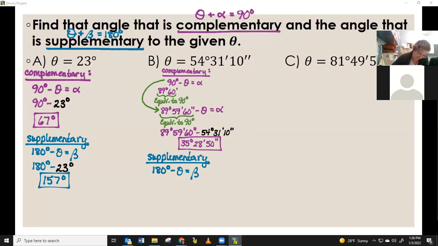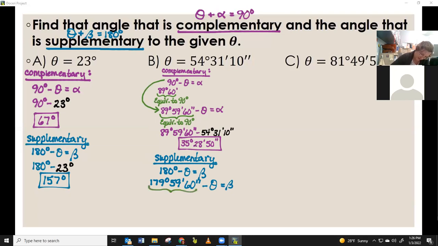Yes. I can rewrite this as 179 degrees, 59 minutes, 60 seconds, because that is the same as 180 degrees.